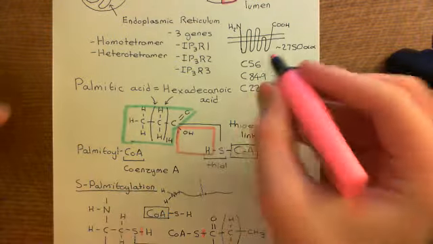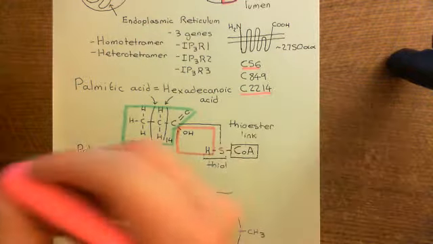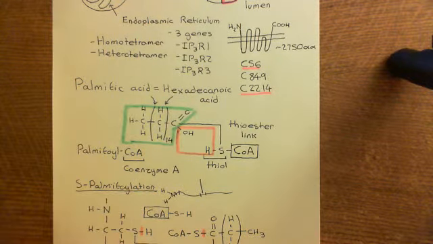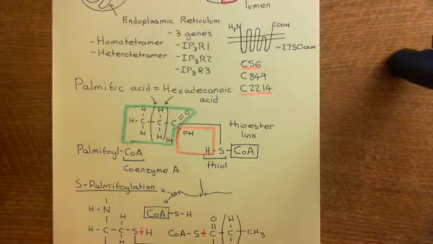For instance, the cysteine at position 56 and the cysteine at position 2214 are most definitely present also in the IP3 receptor type 2 subunits and the IP3 receptor type 3 subunits. So we suspect they're palmitoylated, but it hasn't been fully characterized yet.